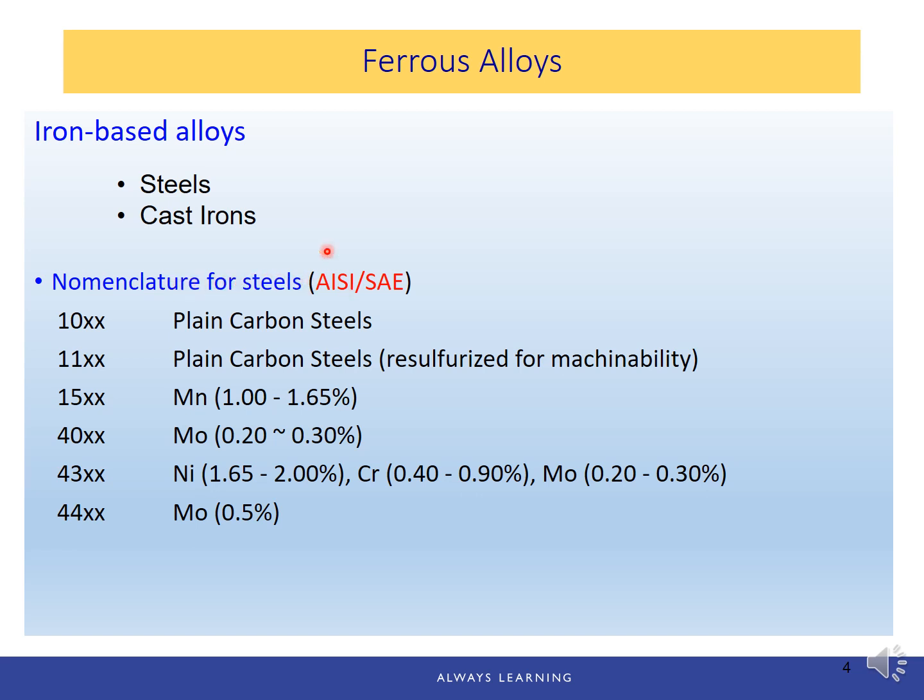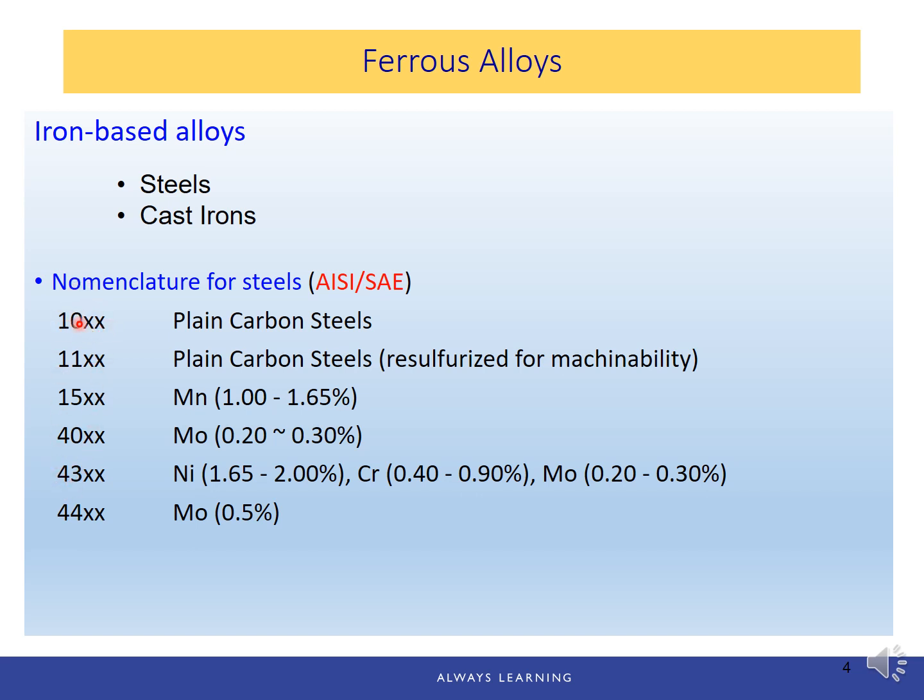The most commonly used standards are AISI, which stands for American Iron and Steel Institute, and SAE, which stands for Society of Automotive Engineers standards. So the AISI SAE designation for these steels is a 4-digit number.